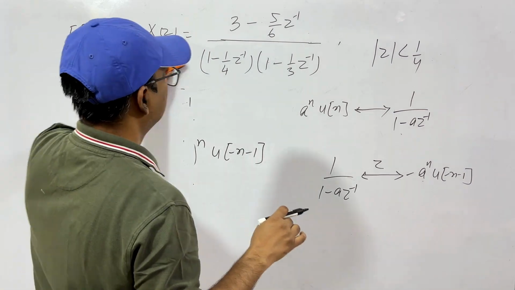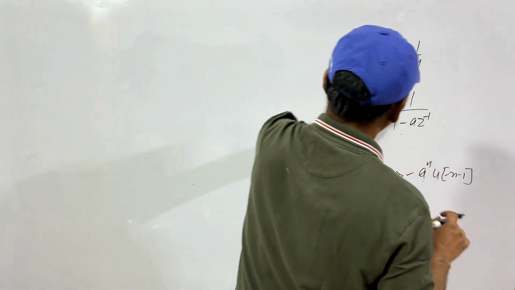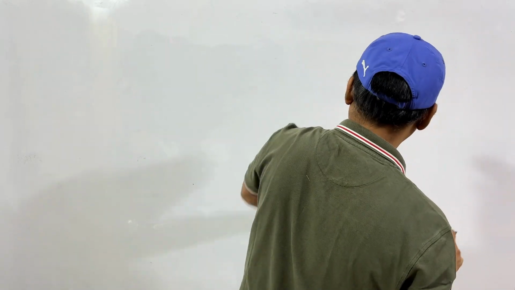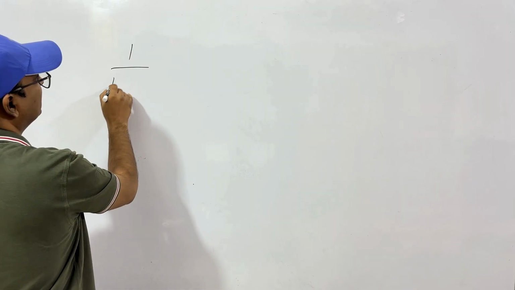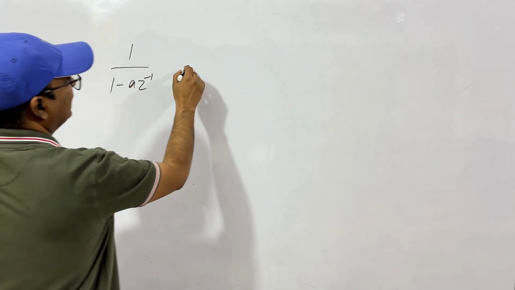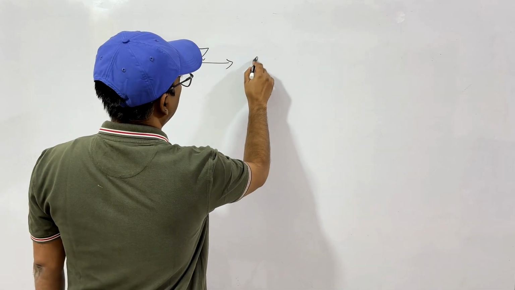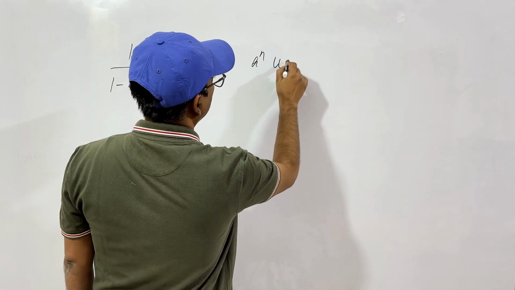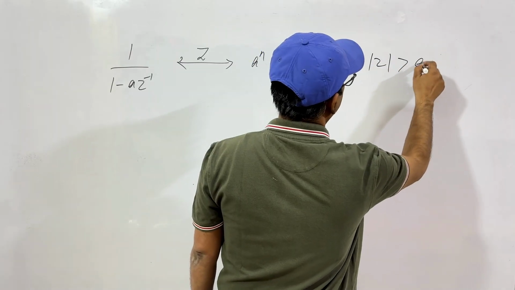I'll give you a little bit of explanation. What you have to keep in mind is that X z is 1 by 1 minus a Z inverse. This is the Z transform of a to the power n u n for Z greater than a.